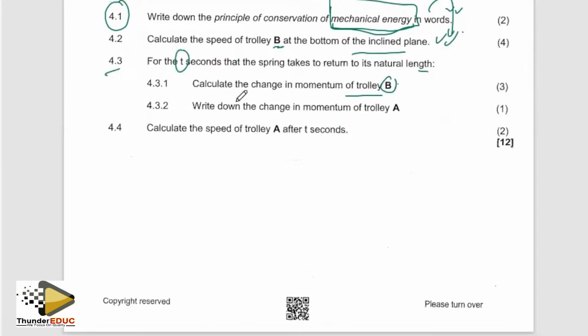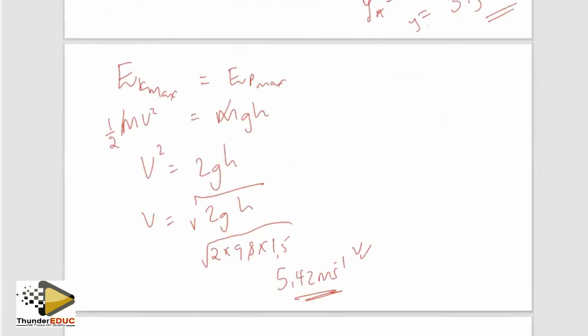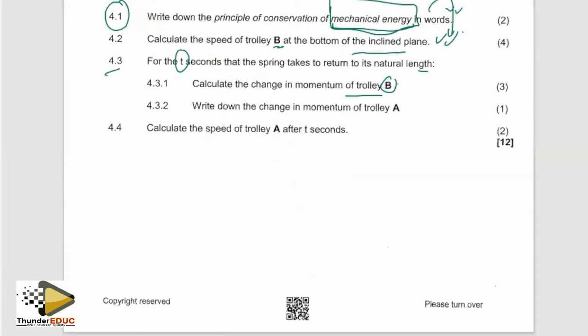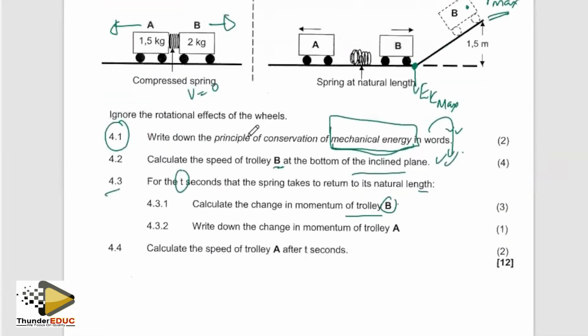So what's going to happen here is I'm going to look at the velocity that I calculated, which is the 5,42, and then the initial velocity, which was 0. So I'll say that the change in momentum of body B is going to be the mass of B multiplied by the change in velocity. The mass of B is 2.